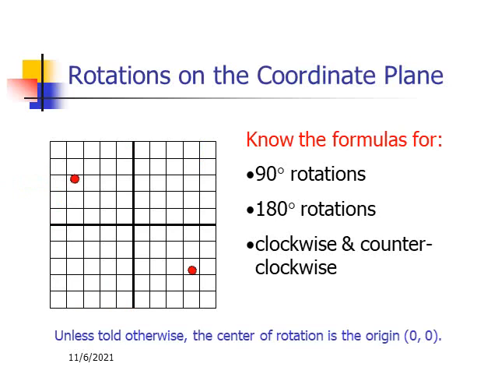Mister, I found here rotation on the coordinate plane. Today we will speak about 90 degree rotation, 180 degree rotation, and clockwise and counter-clockwise rotation. So, mister, what is the meaning of clockwise or counter-clockwise? Do you see your watch?